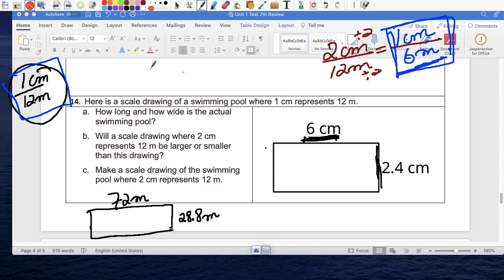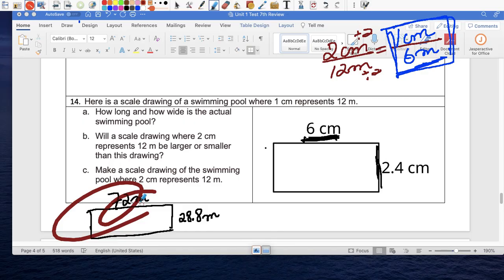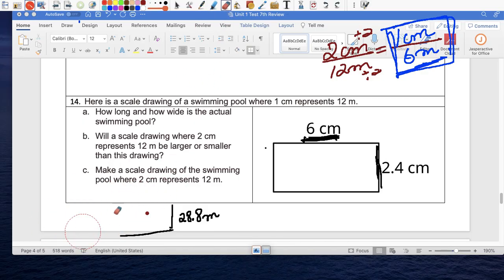Let's take a look at how that would work. Over here I don't need all this. So let's take a look at his drawing, which I'll do over here. His scale is 1 centimeter to 6 meters. Okay. I need to pull back. And here's our pool. So let's use his scale: 1 centimeter, 6 meters.